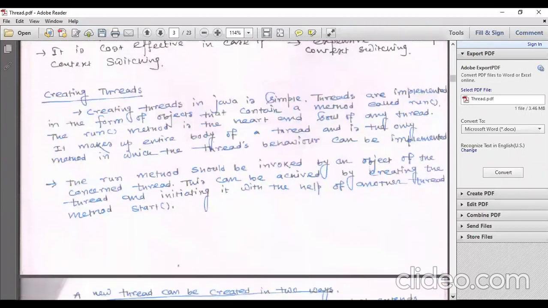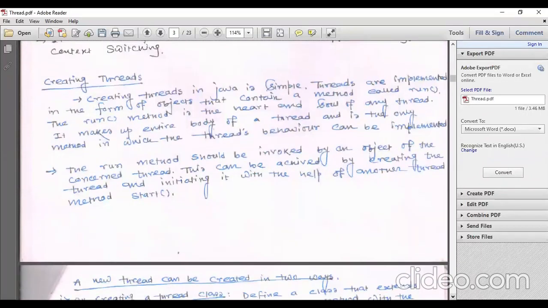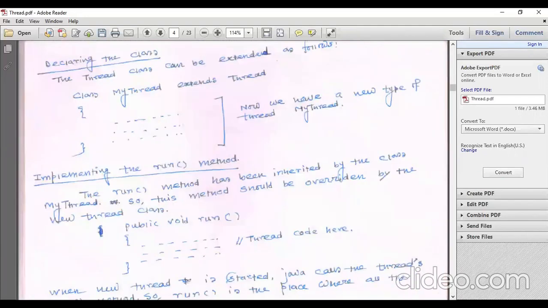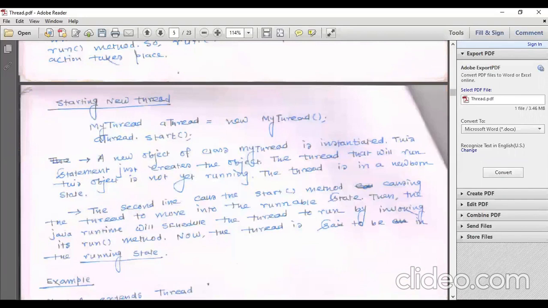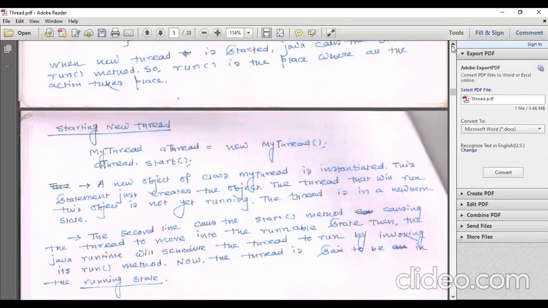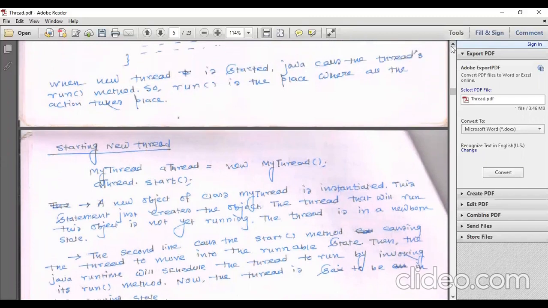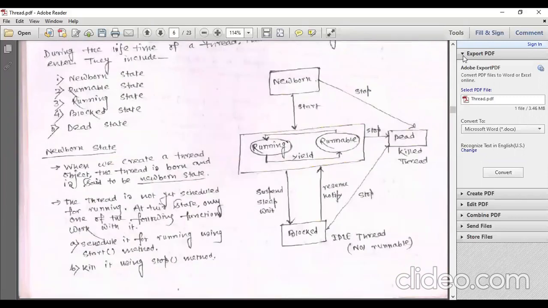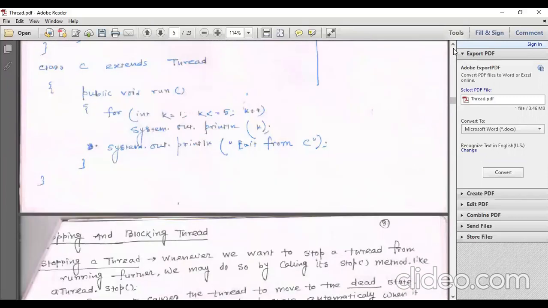The difference between multitasking and multi-threading, and how we can create a thread by extending the Thread class, we have already discussed. Implementing the Runnable interface is not discussed yet; today I may discuss it if time permits. Fine. So let me start the discussion with the life cycle of a thread. That's a very important question of your syllabus.